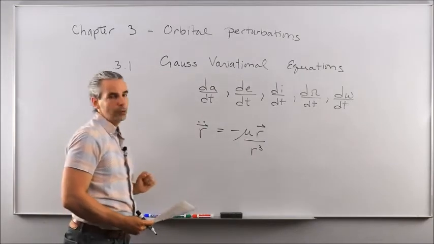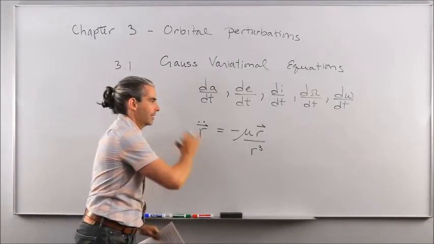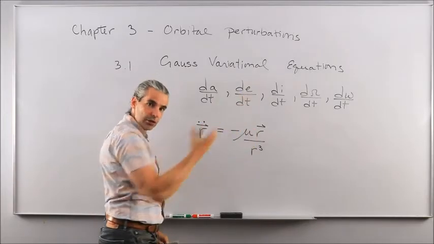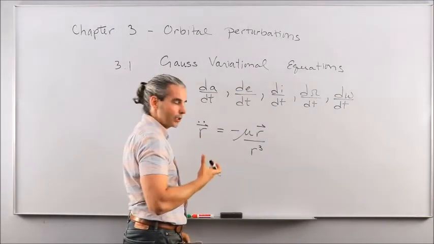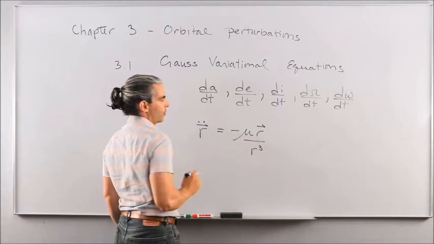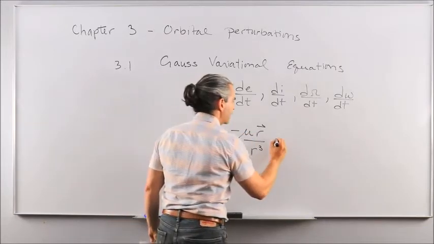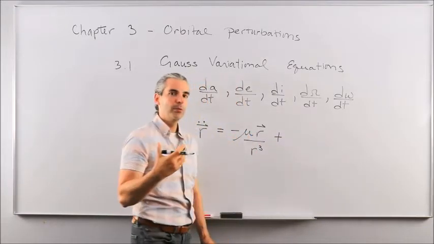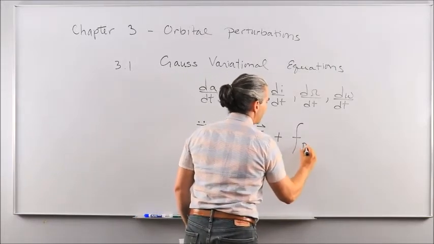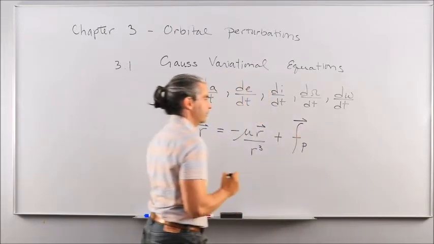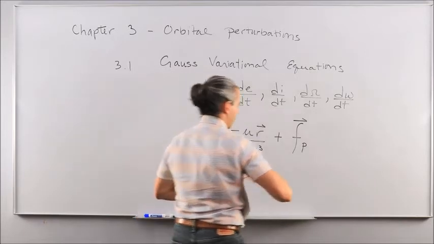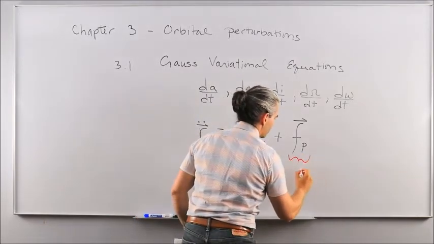That is for the two-body problem, because as it is, only the primary body is attracting the spacecraft toward itself, through this contribution here, which is mu of the primary body. But here we want to take things to the next level and make things a little more realistic by considering a net perturbing acceleration vector. This is what this extra term denotes in that equation of motion.